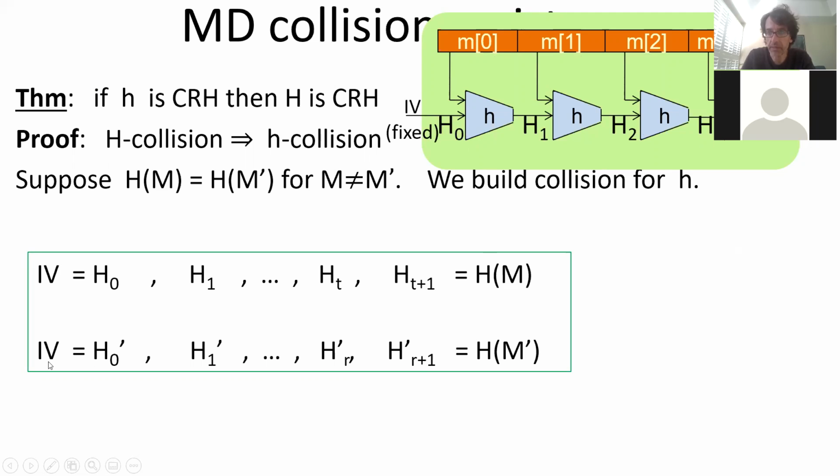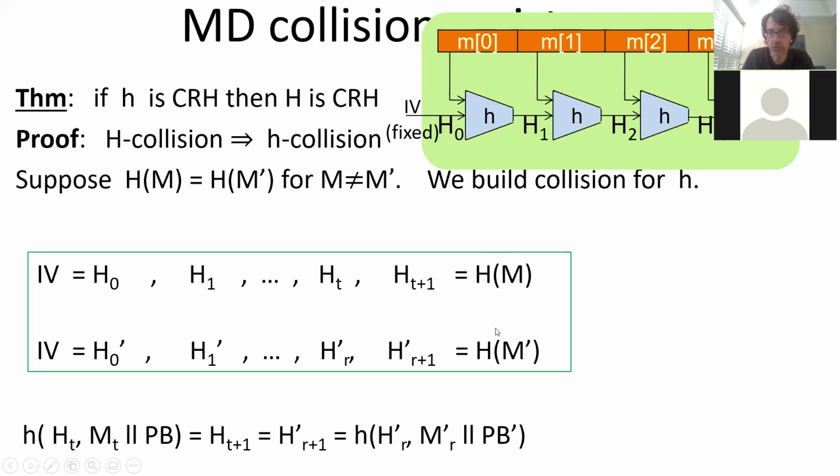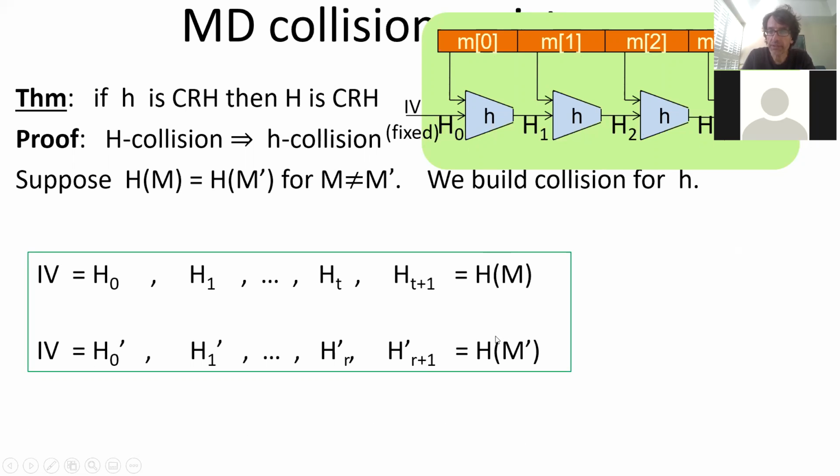The IV is the same in both cases, and by assumption, these two are equal. So let's go from the back. The output of this last compression on these two different sequences collides, so the output is the same.